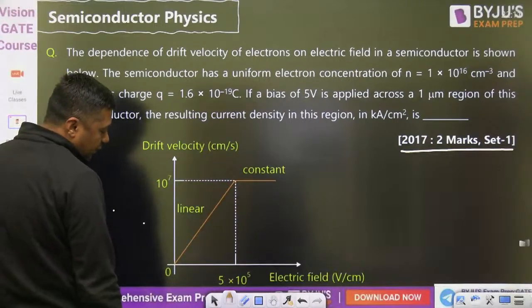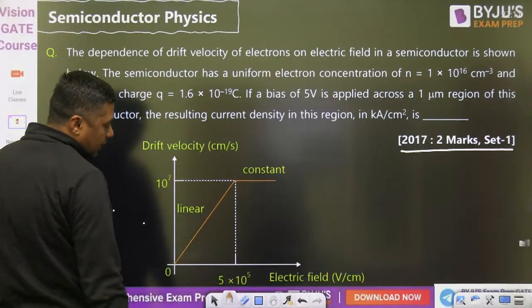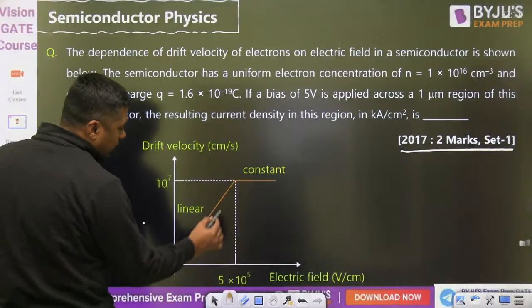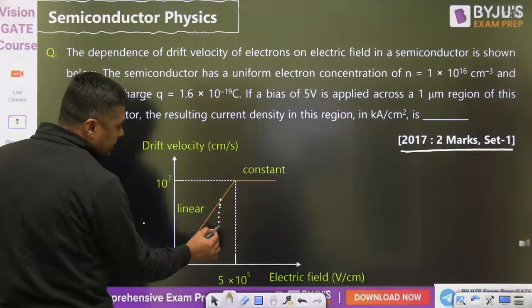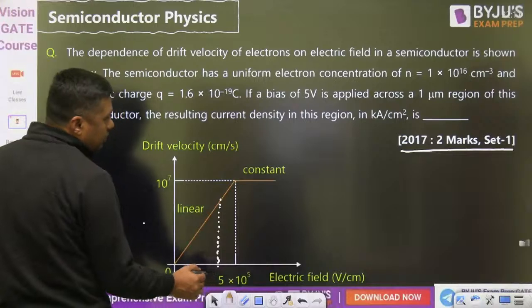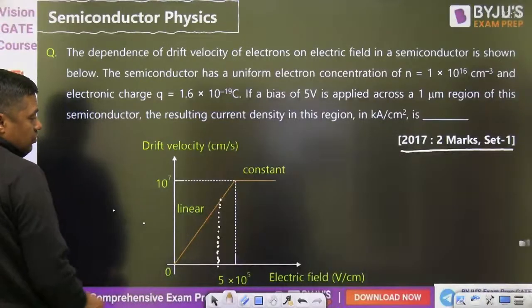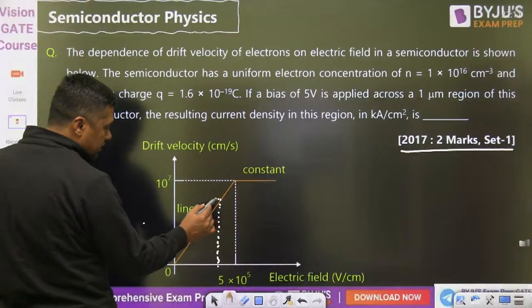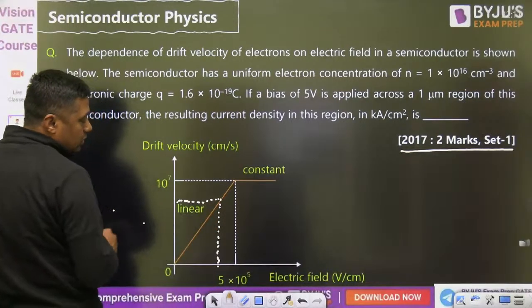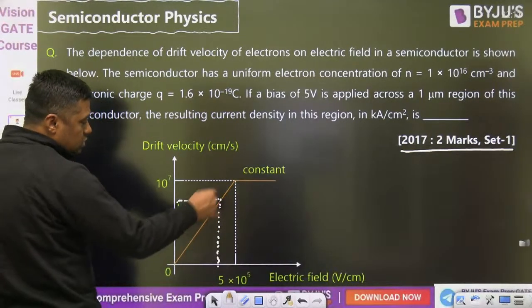So, what is the drift velocity exactly at 5 into 10 to the power 4? You can find 5 into 10 to the power 4 electric field is here. What is the drift velocity at this point? What is the slope of this line?